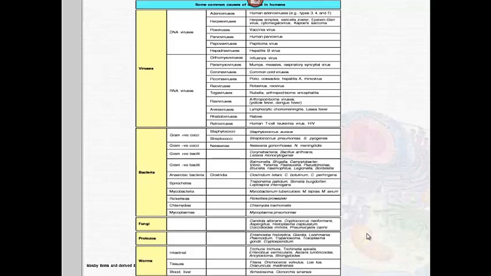For example, adenovirus transmission is through droplet, with fecal-oral as the chosen area of entry and exit. It could produce an acute febrile pharyngitis. Coxsackie, for example, could give you hand, foot, and mouth disease, and the chosen exit and entry could be fecal-oral and droplet as well.